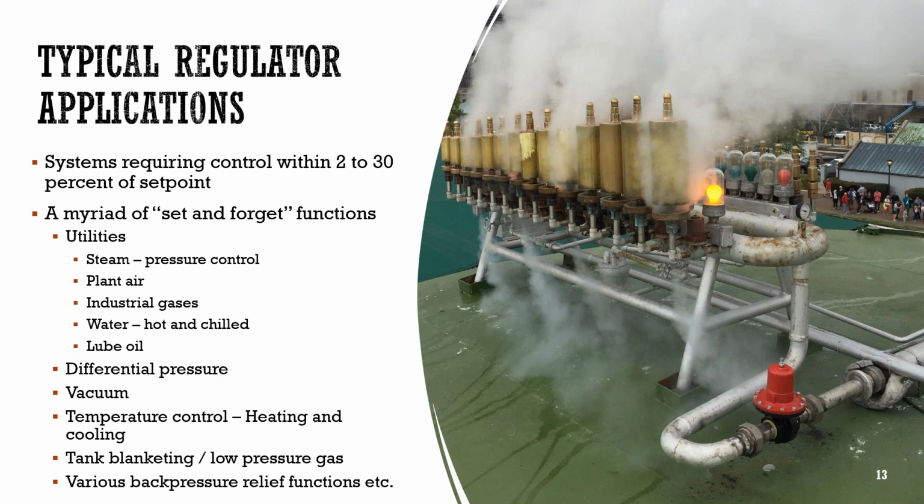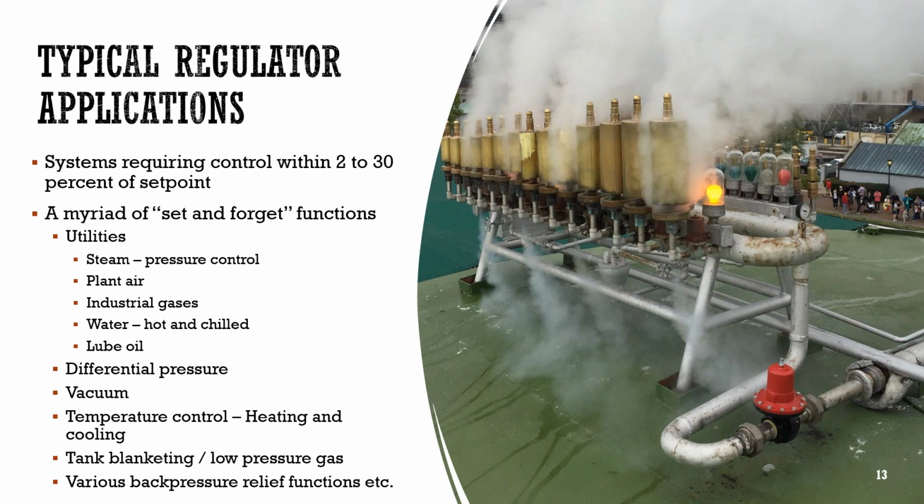The set and forget functions, so you see a lot in utilities. You see a lot of regulators in steam, plant air, industrial gases, water, so both hot water and chilled water, lube oil. There are regulators that can handle differential pressure requirements.